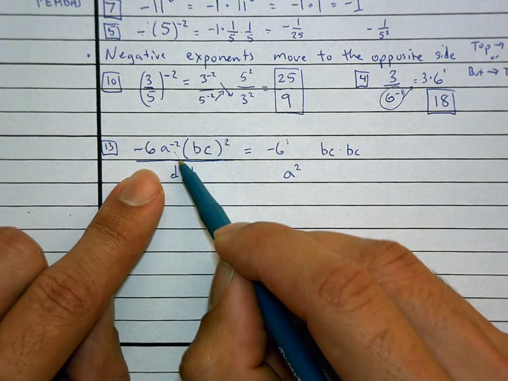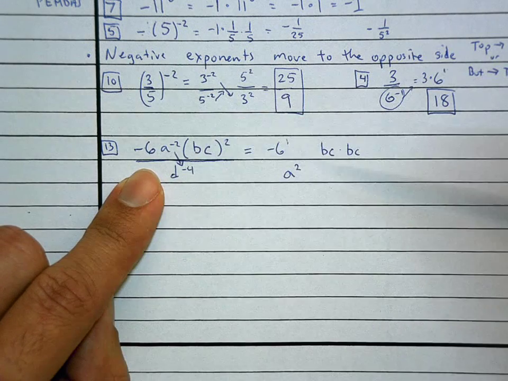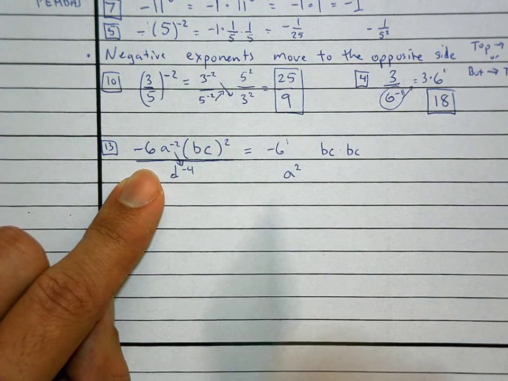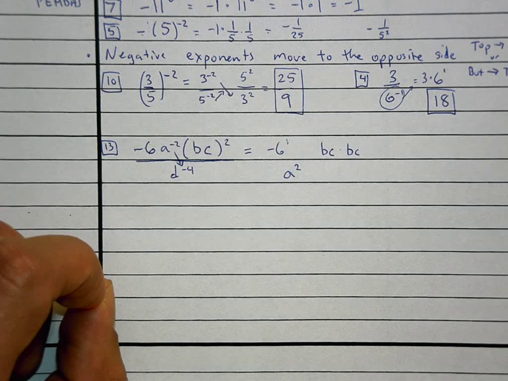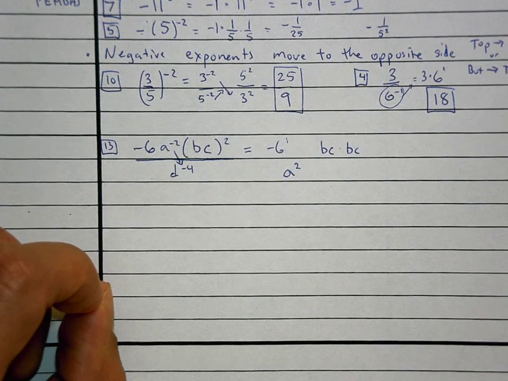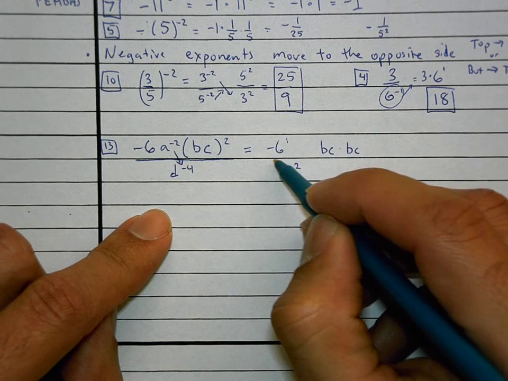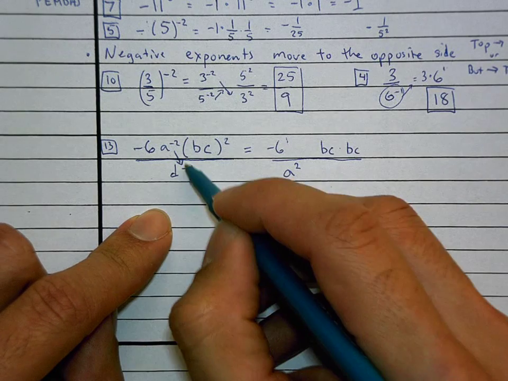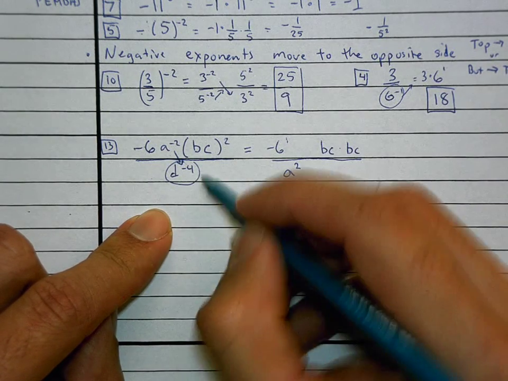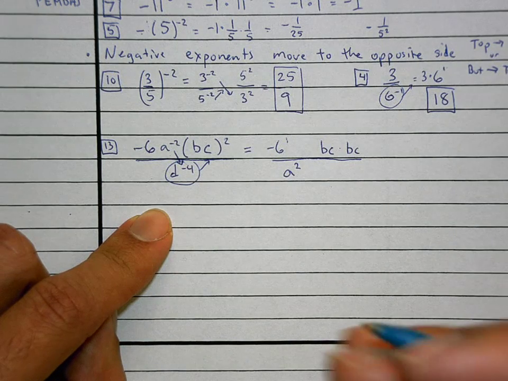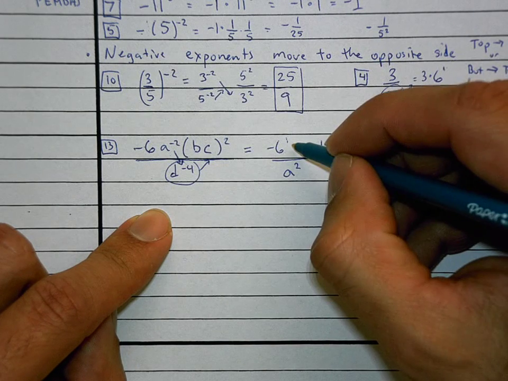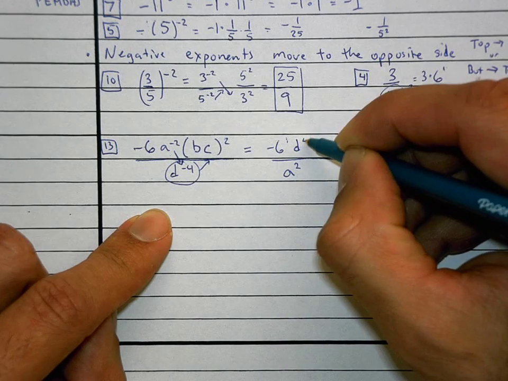I just draw a little arrow and point it down, like I'm going to move it down here, and it becomes a squared down there. It's the opposite. Instead of multiplying, we're dividing. Two groups of them. And then lastly, there's this d to the negative 4 that has to move up. Instead of dividing by d, for those d's times each other, we're going to be multiplying by them. D to the positive 4.